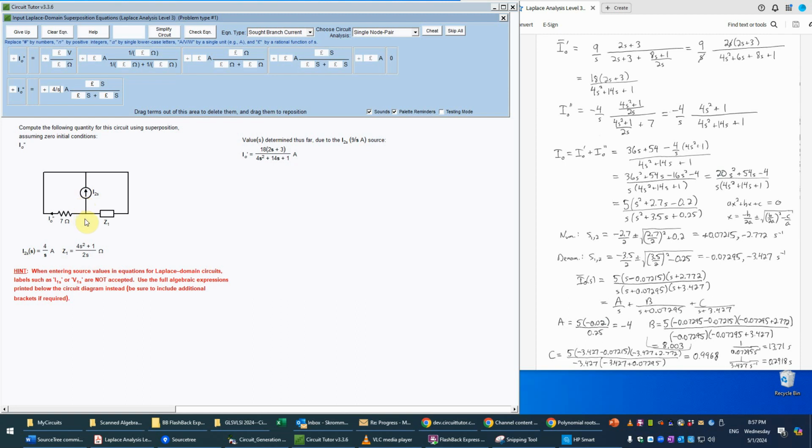Very, very important. So we think about this current, it's going up, and then it's going to go this way, and some of it's going to go that way as it splits or divides. Well, we see that part is going to be going opposite to I naught double prime. That means, in this case, we absolutely have to have a negative sign there. You can't put the negative sign up here or down here because these are supposed to be the actual admittances, and those are not negative, so it needs to go out front.